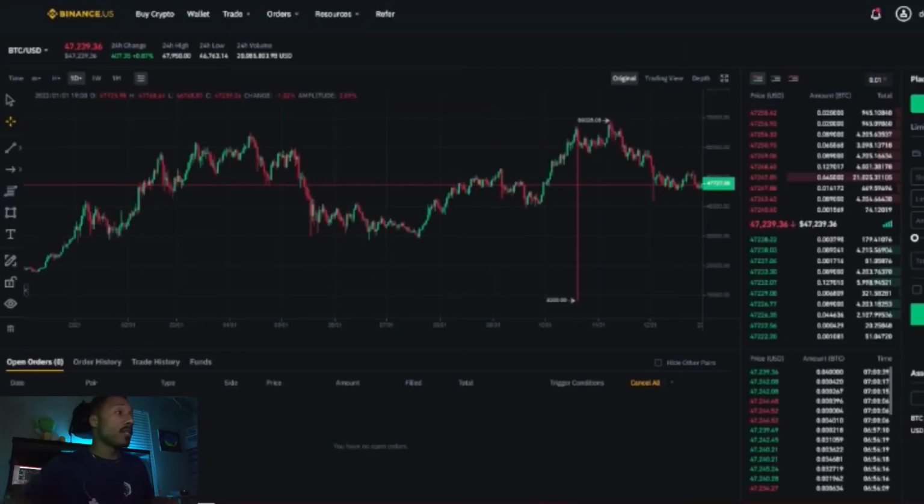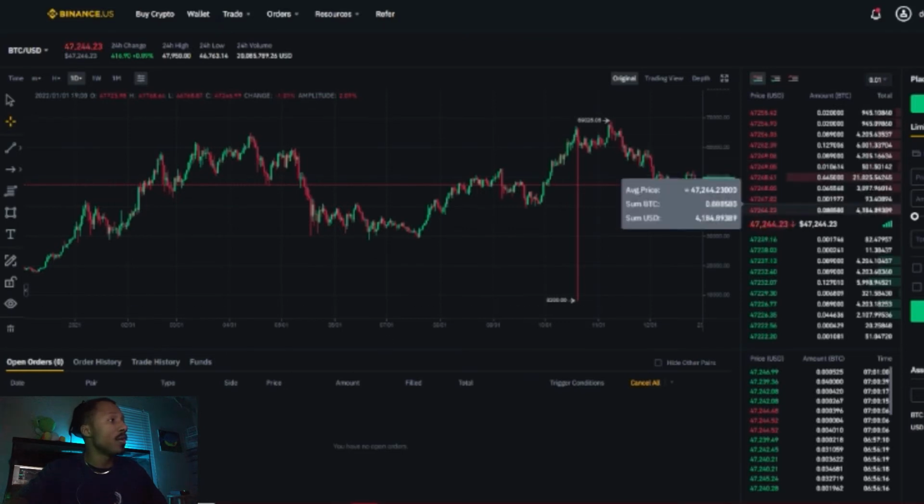All right, guys, so next up we have the open order. If you make a buy on the limit end, then you would have an open order until that buy got filled. And if you had a sell on the limit end, you would have your open order here until it got filled. Same thing if you had a stop loss or anything like that.